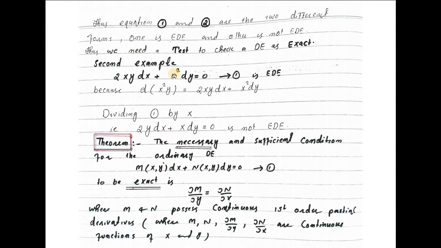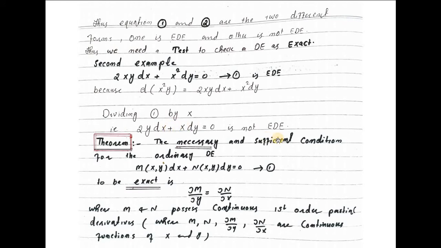Dividing 1 by x, we get 2y dx plus x dy equal to 0. This is an alternate form of equation number 1, obtained by dividing 1 by x. Equation number 1 is exact while the new equation is non-exact.